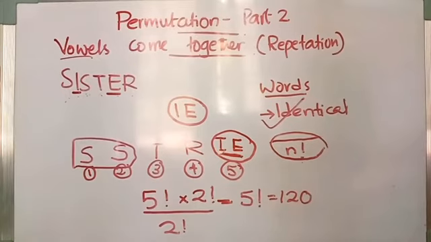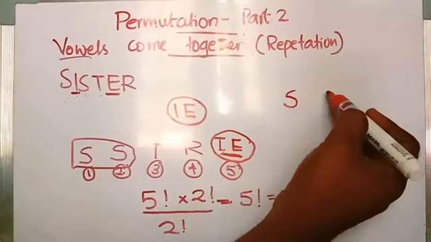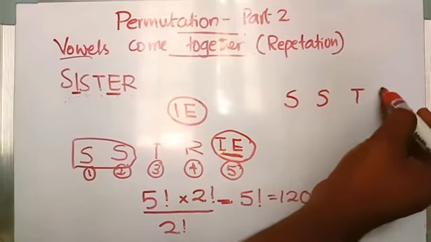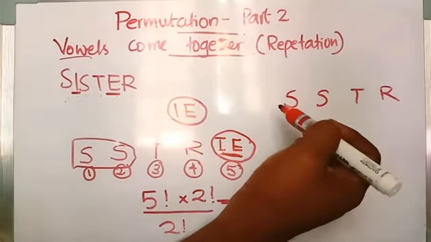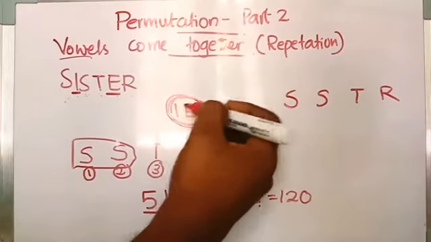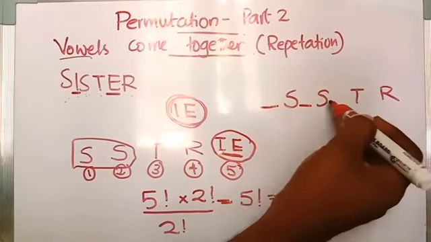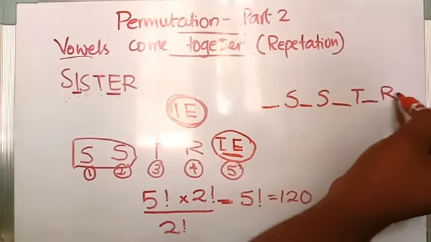Okay, the same thing I'll show in another way, like I showed in the previous video. We have 4 consonants S, S, T, R. Now the vowel group IE can be arranged either here or here or here or here or here.